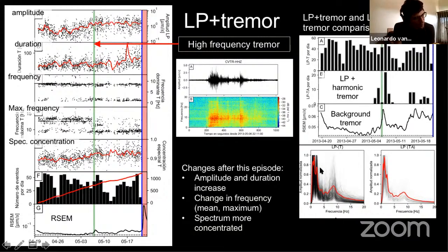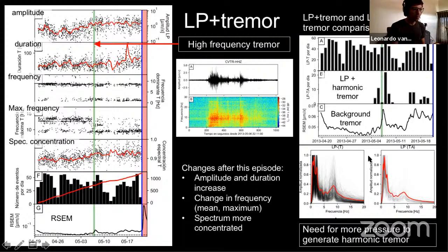And if we compare the spectra of LP events from both types of signals, we see that they are very similar. So maybe what's happening is that we have the same process going on, but in this case there is not sufficient pressure to generate this harmonic tremor, to create this resonance of the walls of this conduit that is vibrating.